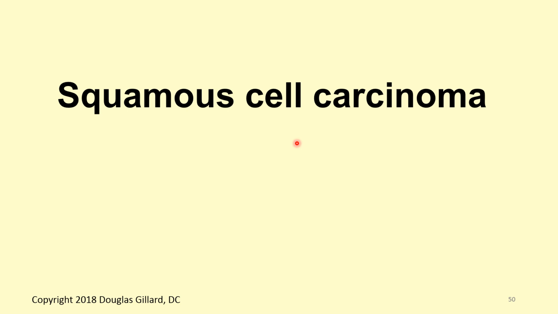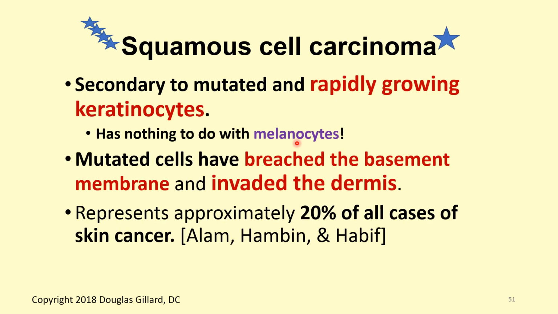All right, bad one, squamous cell carcinoma. So this is mutated cells. The keratinocytes have gone crazy. They are not dying, like their apoptotic mechanisms have been turned off, so they don't die and slough off like they're supposed to. So they accumulate and start to form a mass.